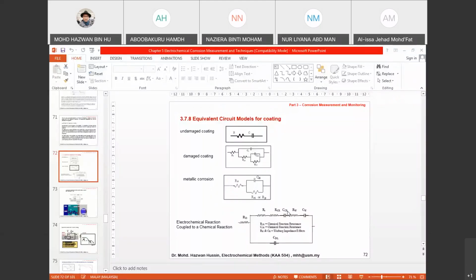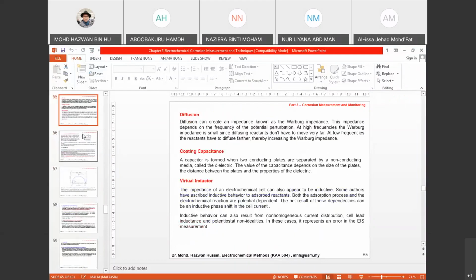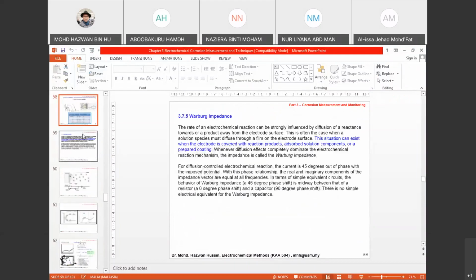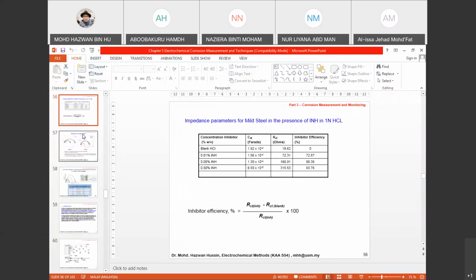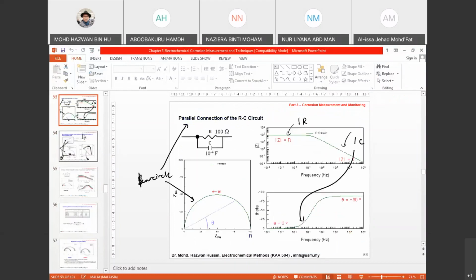Right. So basically, last week we went through several things, for example power impedance. I've gone through the other types of design for electrochemical circuits.